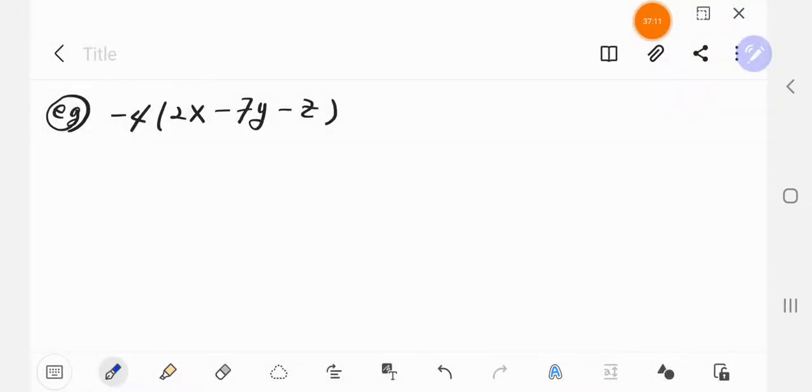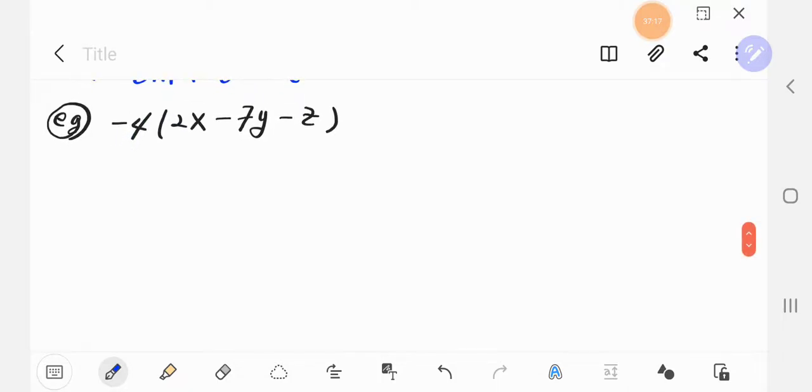Okay, let's simplify this expression. What you can do is multiply each addend inside the parentheses by negative 4. Right, this is a negative number. So multiply this, then that will be what? Negative 4 times 2x. And then multiply this by negative 7y.